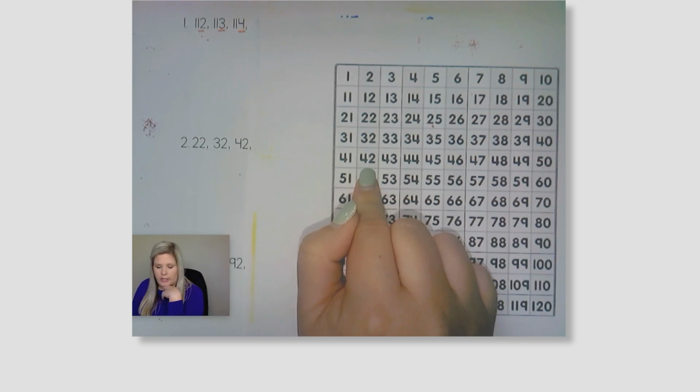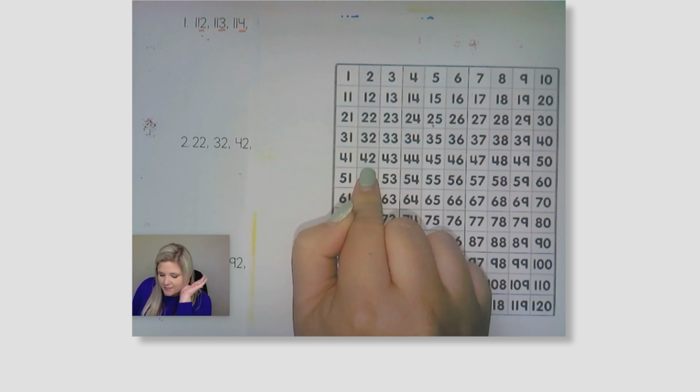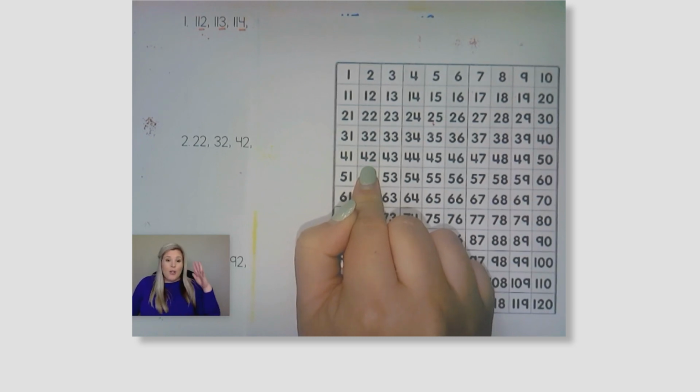I wonder if our pattern is counting by ones or by tens. Did I hear you say counting by tens? You are right again. We are moving vertically down a column, so that means that we are counting by tens.